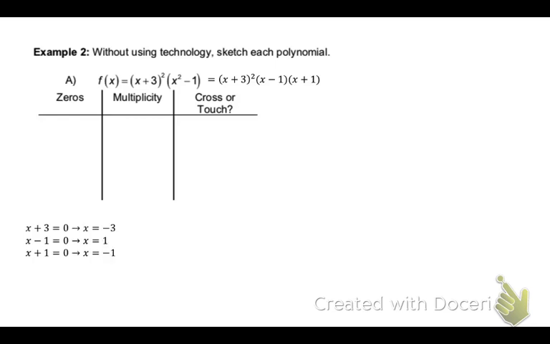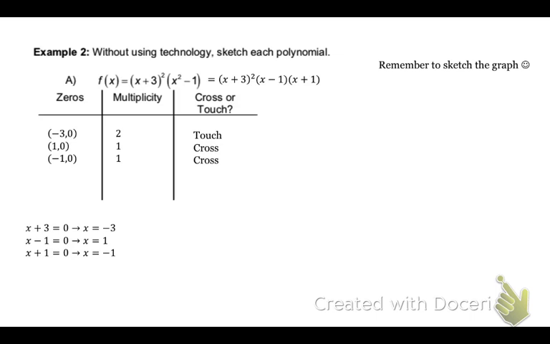So you get x equals negative 3, x equals 1, and x equals negative 1. So that's going to be negative 3, 0, 1, 0, and negative 1, 0. Negative 3 has a multiplicity of 2. 1 has a multiplicity of 1 because the exponent power there is 1. Negative 1 has a multiplicity of 1. Remember, even touch, odd cross. So that's going to be touch, cross, cross.